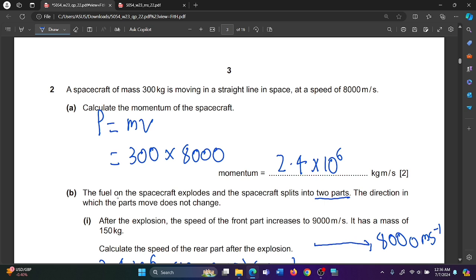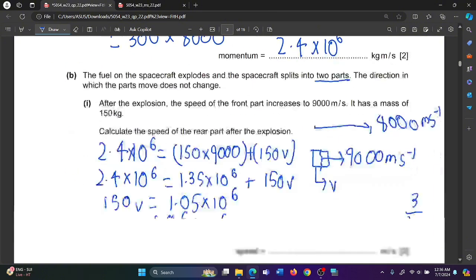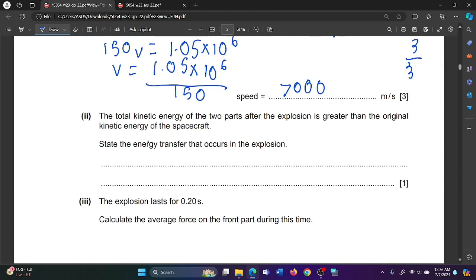As the question says, the fuel on the spacecraft explodes. So we know that the fuel has chemical energy. It explodes to cause an increase in kinetic energy. Thus, we can say that initially there was chemical energy. Let's not write initially, then the answer would be too long.